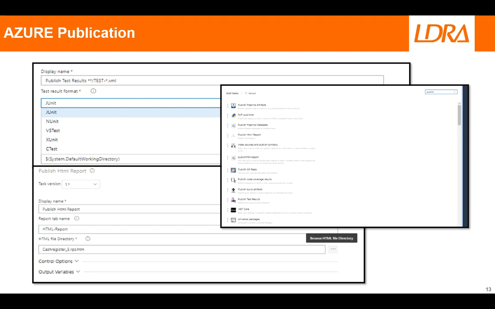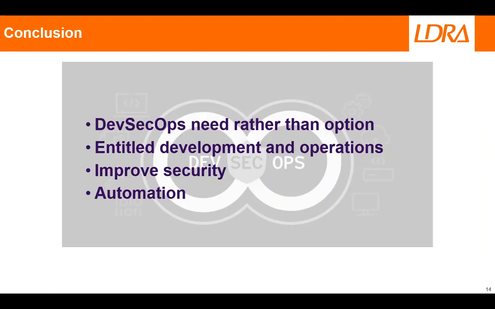Just to mention, LDRA will be able to generate JUnit, JSON formats, and others by creating and executing a script from the XML reports. Some of these reports are available inside the LDRA tool suite for the user to execute.